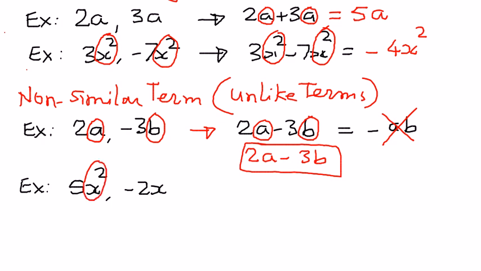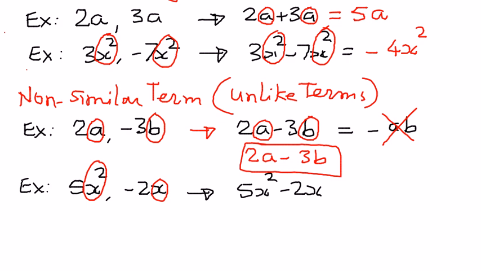The variable term there is different, and here the variable term is just x to the power of 1. And if we had something of this nature, 5x to the power of 2 minus 2x, we cannot simplify this any further.